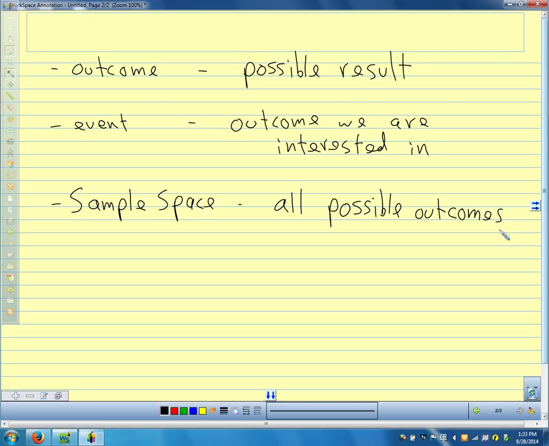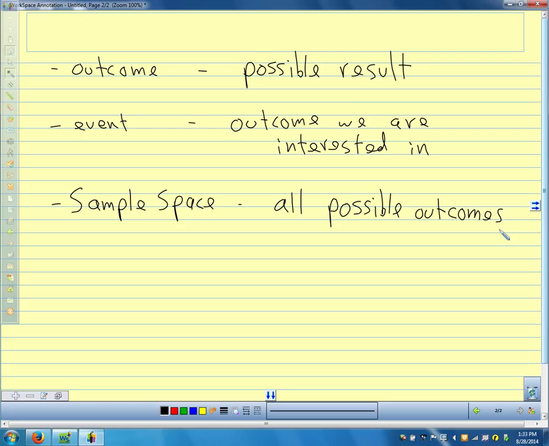We're just thinking what are the different ways that 1 die can come up? 1, 2, 3, 4, 5, or 6. So the numbers 1 through 6 are the sample space for 1 die. Sample space just means list all the ways it can happen.